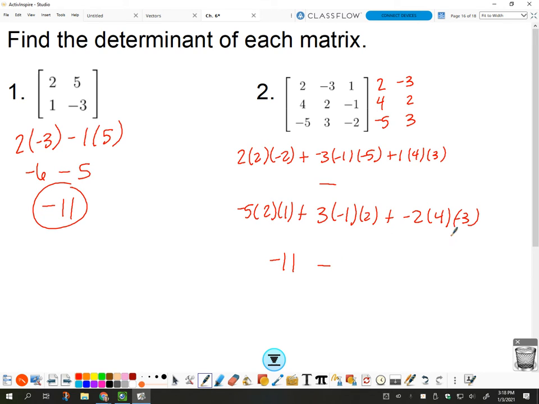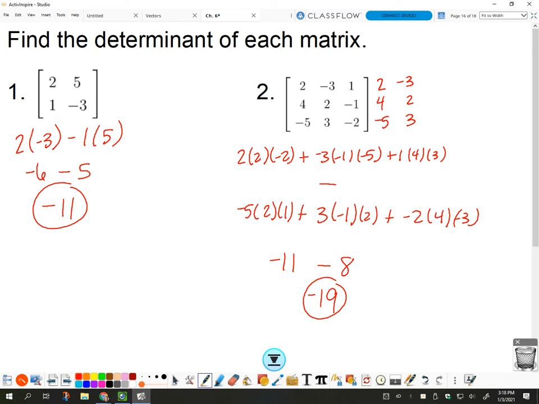And multiplying and adding these, we get negative 10, negative 6, and positive 24. So that would be 8. And then negative 11 minus 8 would give us negative 19.